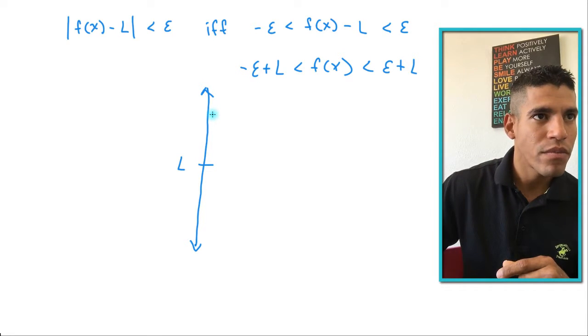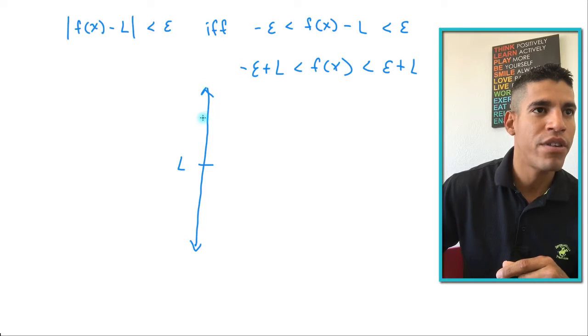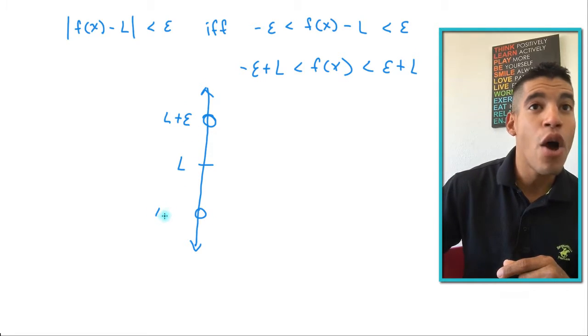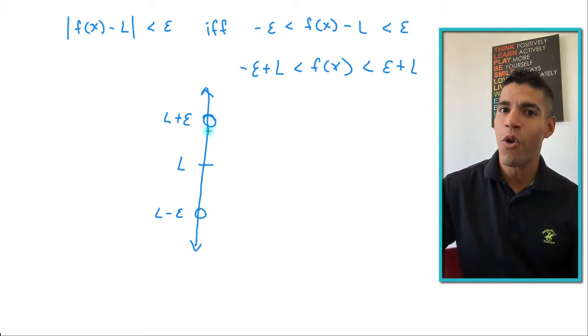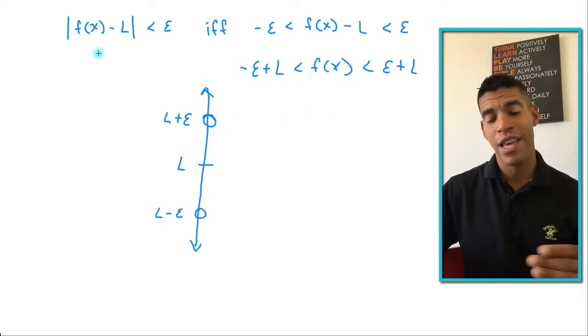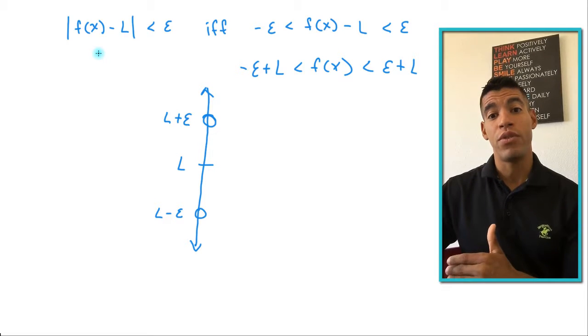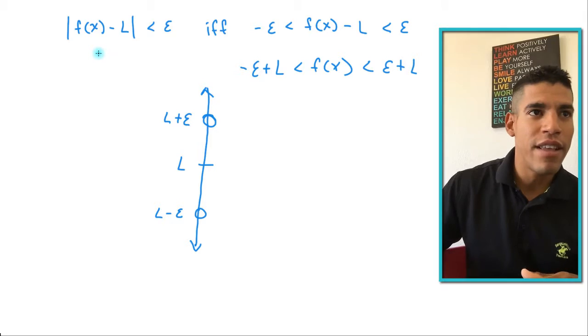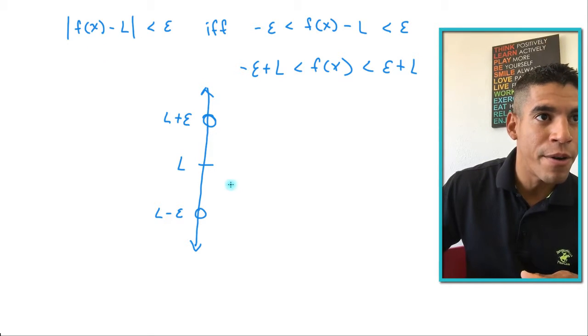And then over here, we have an open circle for L plus epsilon and an open circle for L minus epsilon, and notice that there's no zero less than here. So f of x could be equal to L, my bad. Okay, so f of x could be any number between those.